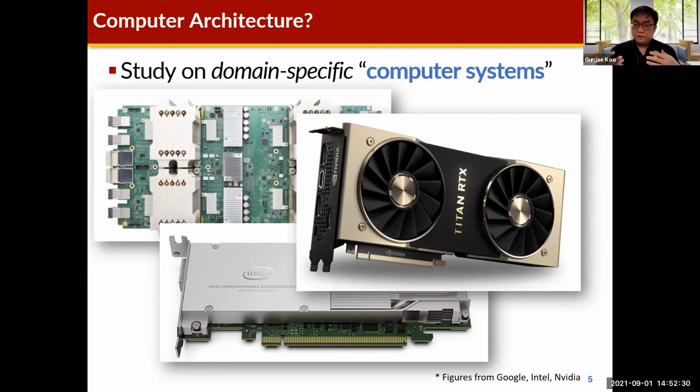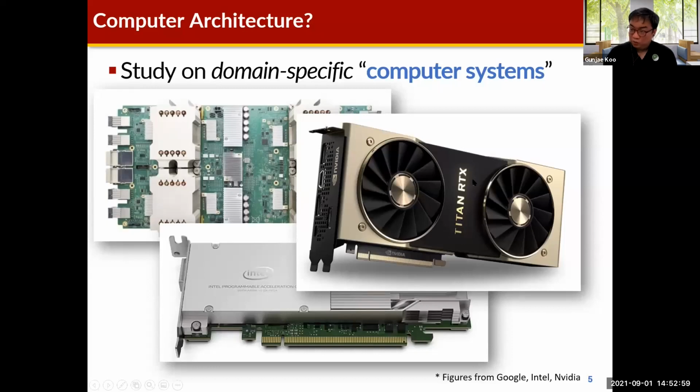But these domain-specific processors accelerate a certain domain, something like games, graphics, machine learning. So recently, many hardware vendors and academic researchers are focused on these domain-specific computer systems.